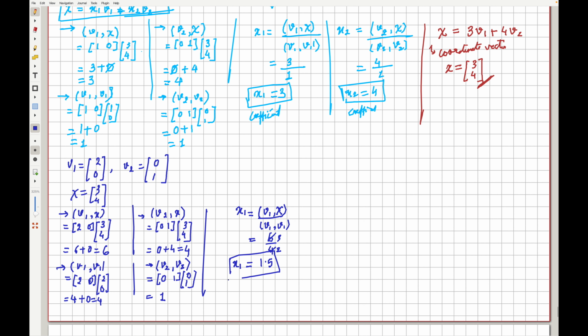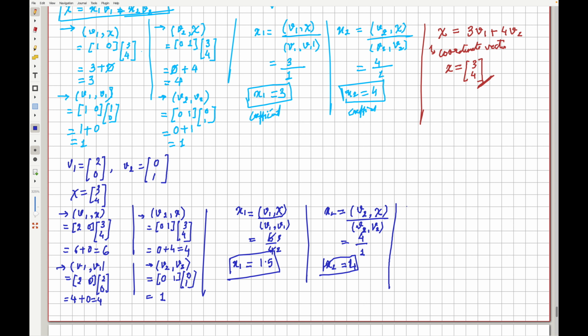Then for x2 we have v2 dotted with x, and below we have v2 dotted with v2 itself. v2 dotted with x is 4, v2 dotted with v2 is 1, and so our x2 is 4. So that's what we have.